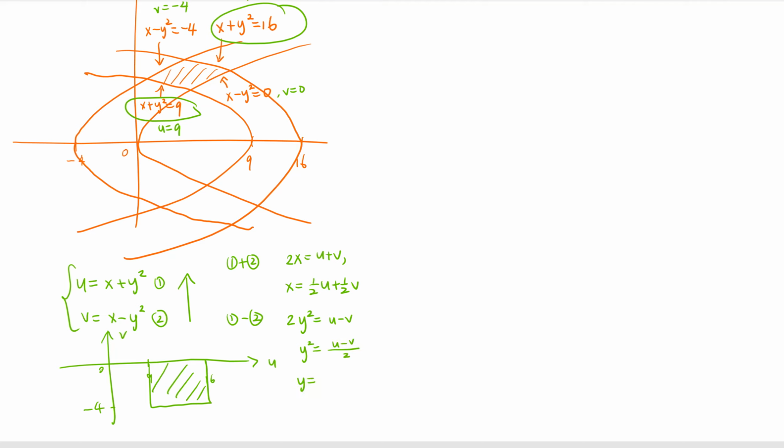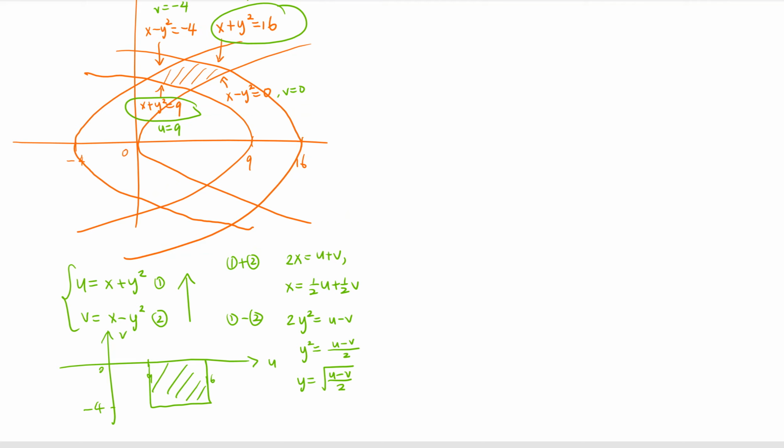But y is plus or minus. But because our region, the y is positive. See, that's why we have the two regions. One is in the first quadrant, one is in the fourth quadrant. And now we pick the positive one. So that is the square root of u minus v over 2.